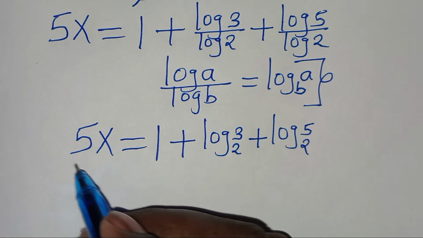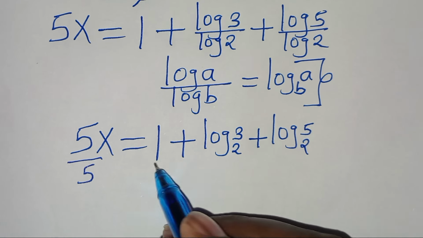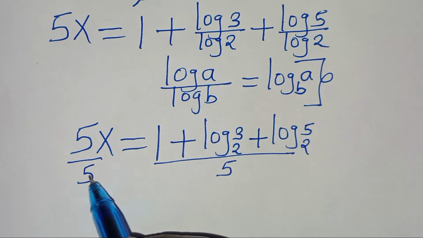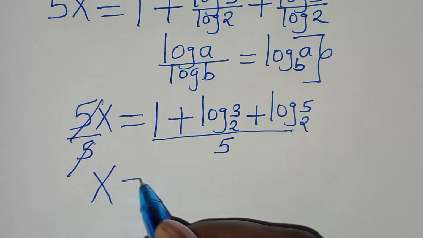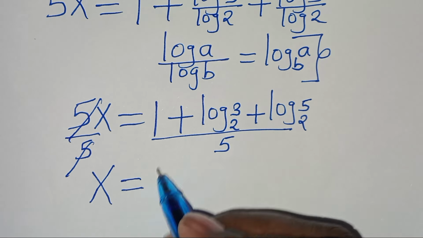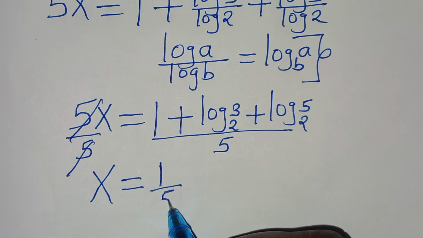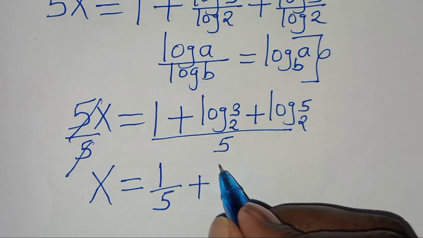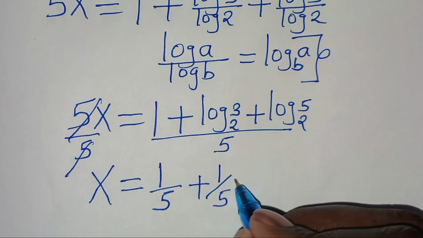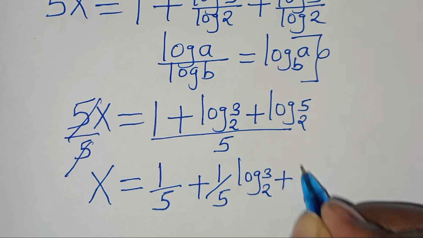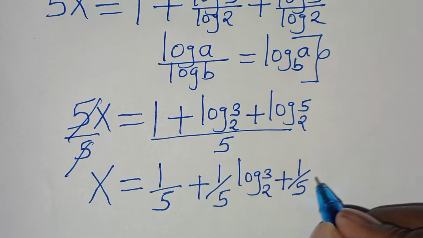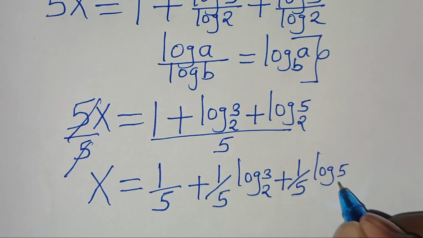Now, let's divide both sides by 5. So everything here by 5, so that now we have that x is equal to 1 over 5 plus 1 over 5 log 3 to base 2, then plus 1 over 5 log 5 to base 2.